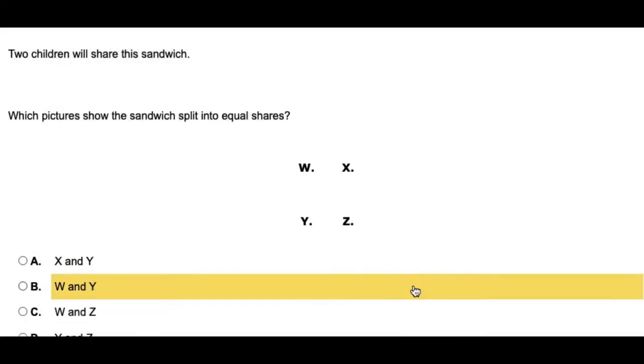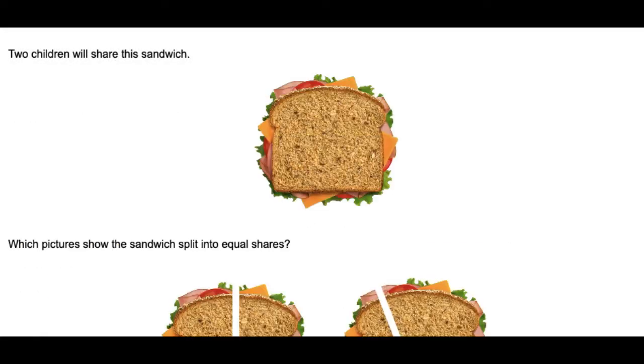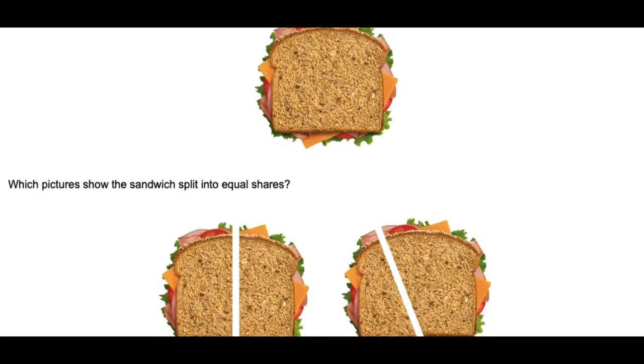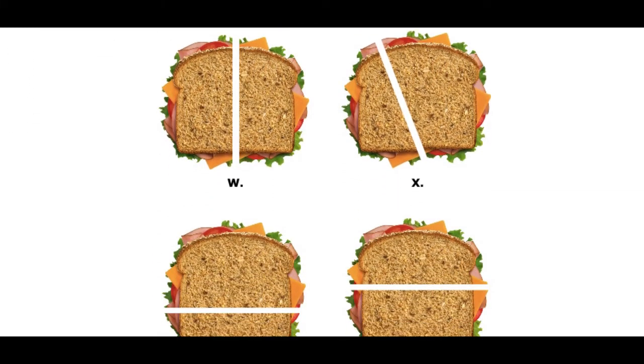Next question. The two children will share the sandwich. Which picture shows the sandwich split into equal shares? So we need to find the half of it. I think it's W because W shows two equal shares. If you keep them one above another, they'll fit exactly.